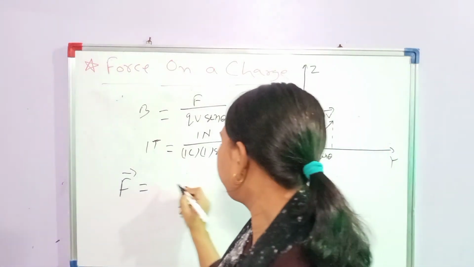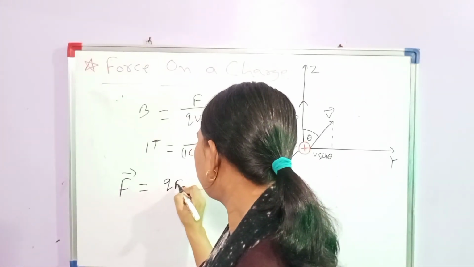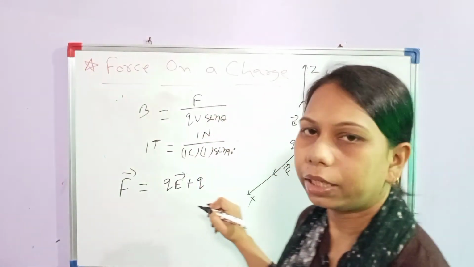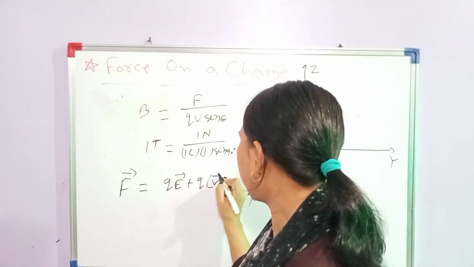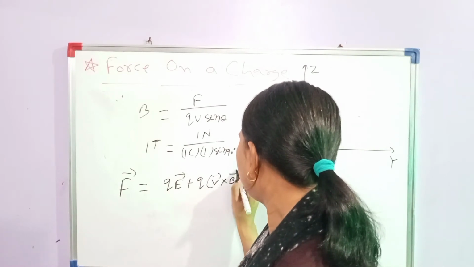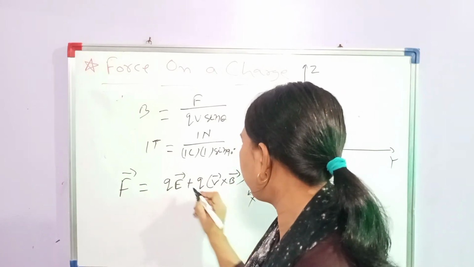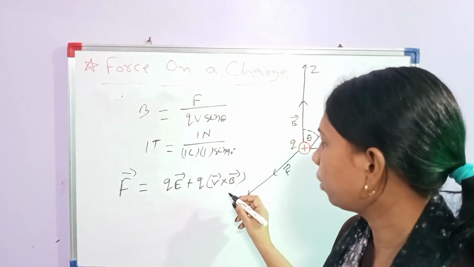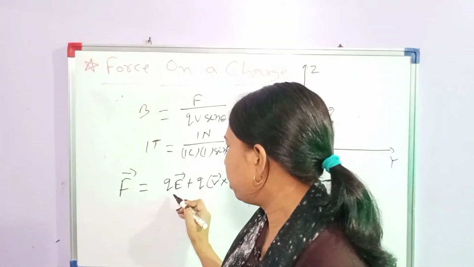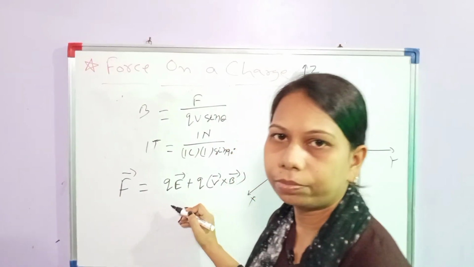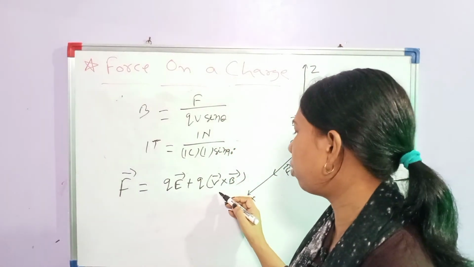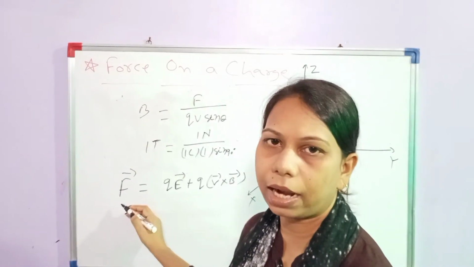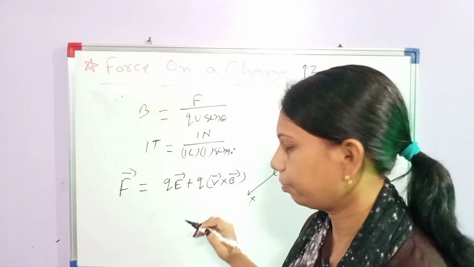Electric force, as you know, is Q into E, plus magnetic force Q into V cross B. The charge moves in the magnetic field, so it will experience a magnetic force Q V cross B. This is known as Lorentz electric force. This is known as Lorentz magnetic force. This is the total Lorentz force acting on the charge.